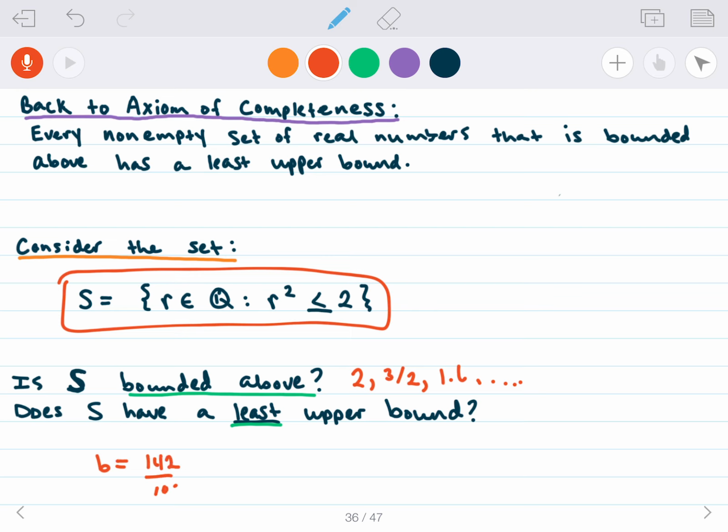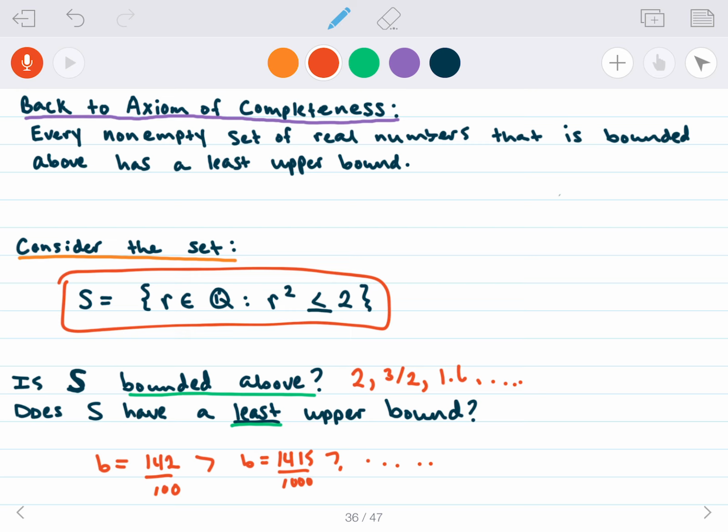Would this be a least upper bound? Well, no, because we can find something even smaller. We can say that something smaller would be b equal to 1415/1000, for example. Right? And we could keep going in this way.